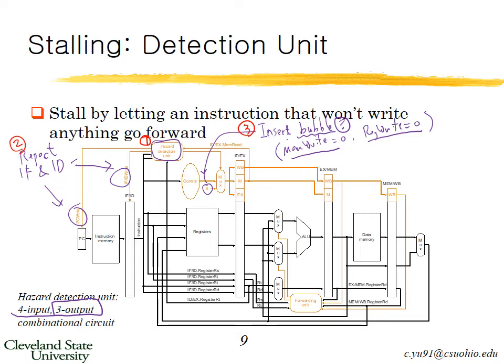So inserting the bubble is, as long as you pass the 0 control signals, inserting a no operation into the pipeline architecture. As long as you complete these things, then you are implementing the hazard detection for the data hazard case.